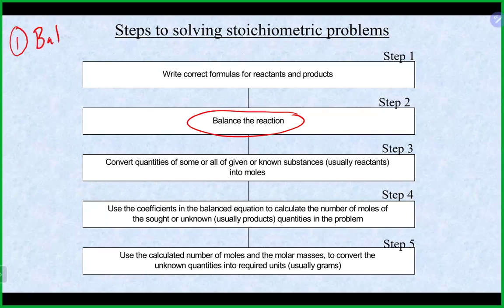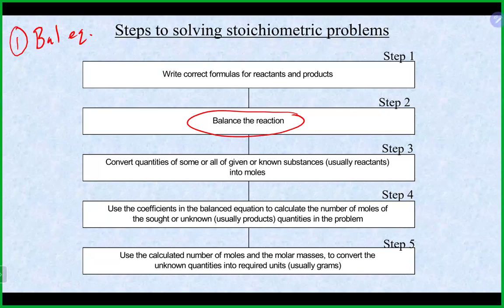So really that is in most cases your first step. Stoichiometry problems will not work correctly if the equation is not balanced. So no matter what you do, if you're not given the equation but given everything in words, you want to make sure you get the right equation down and then balance it. If you're given the equation, you want to double check to make sure it's balanced before you start the calculation. Otherwise, you're not going to do the calculation correctly.